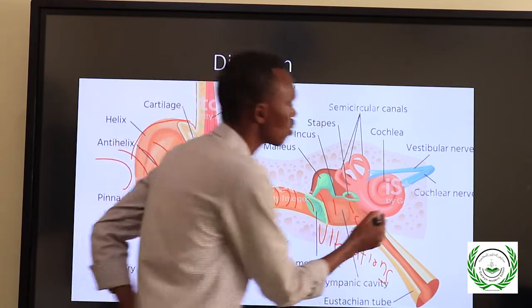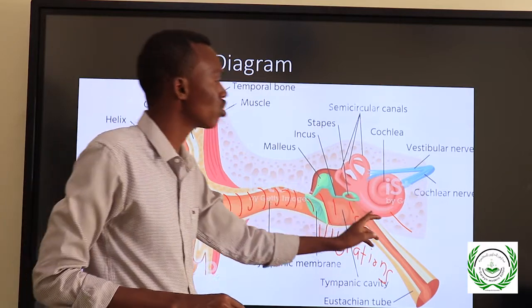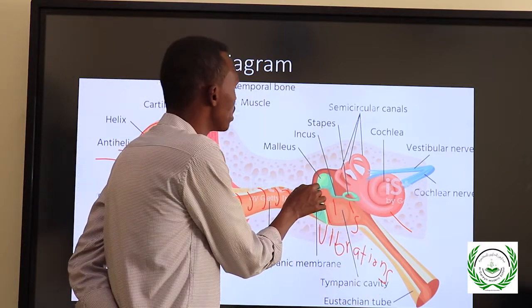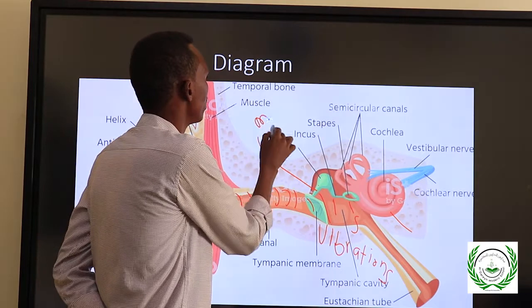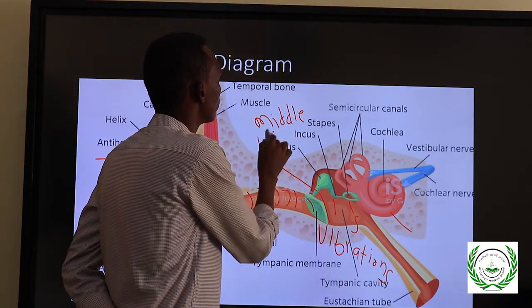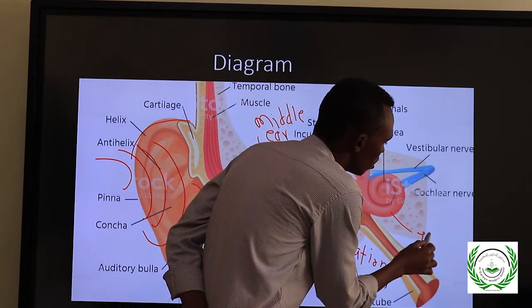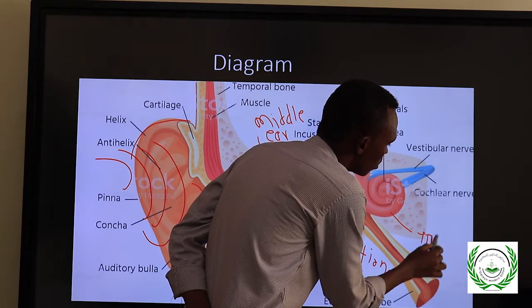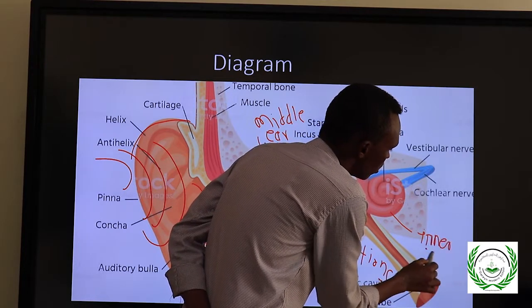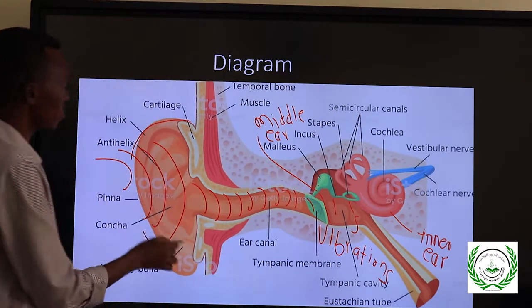So this is the cochlea, and this is the inner ear. This is the middle part, the middle ear, and this is the outer ear.